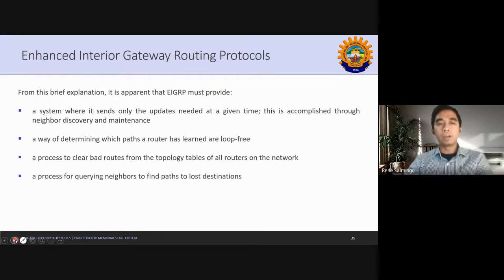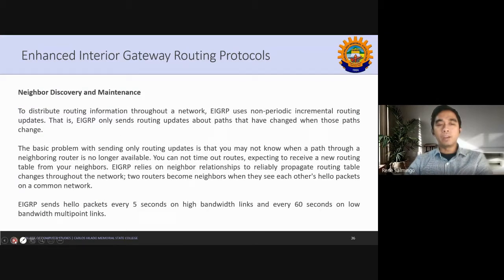So Enhanced Interior Gateway Routing Protocol has a process for querying neighbors to find the best path to a lost destination. You ask the nearest neighbors to find the location of the destination that is not present.